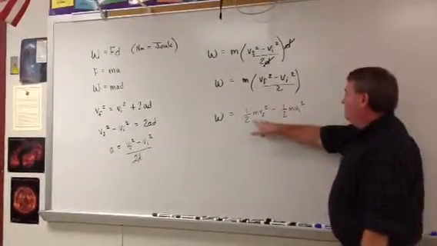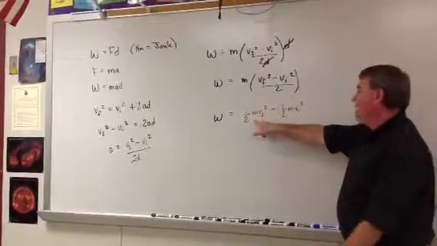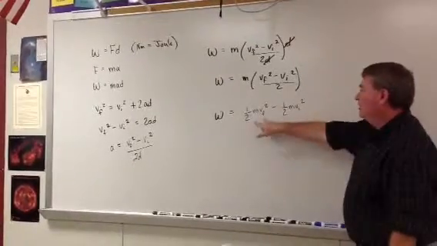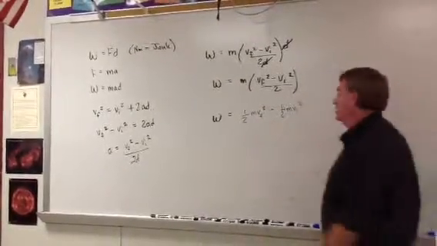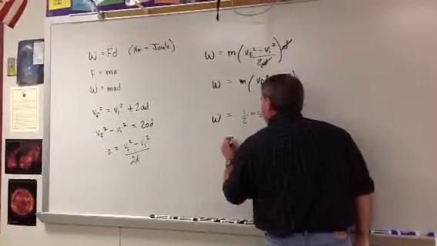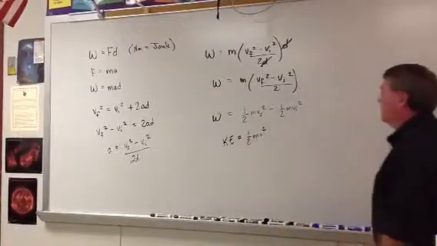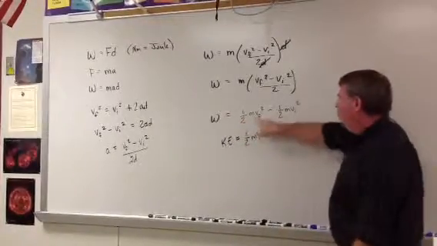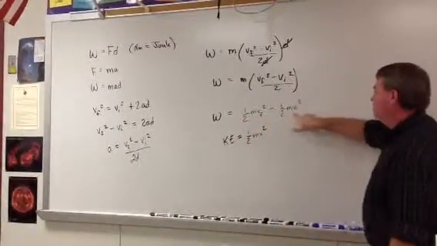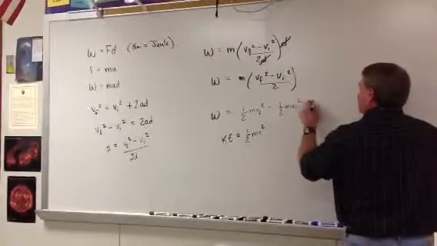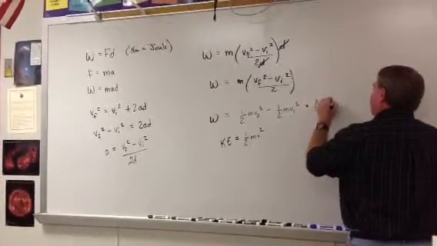Now 1/2 mVf squared, or 1/2 mv squared in general, is equal to kinetic energy. So kinetic energy is equal to 1/2 mass times velocity squared. So work is equal to final kinetic energy minus initial kinetic energy. That's equal to the change in kinetic energy.